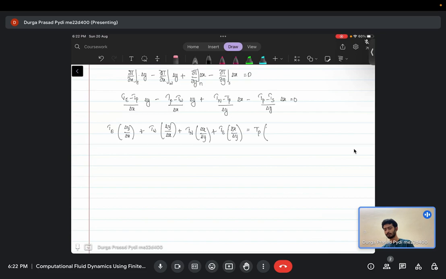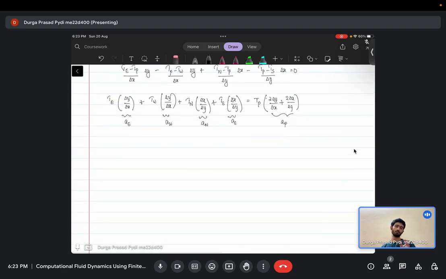So you have 2 times from the east and west faces and from north and south faces. So this is essentially my A east, this is my A west, A north, A south. I don't have a constant term here, so this is essentially AP.